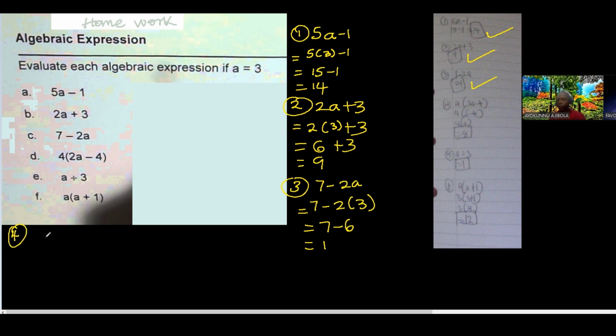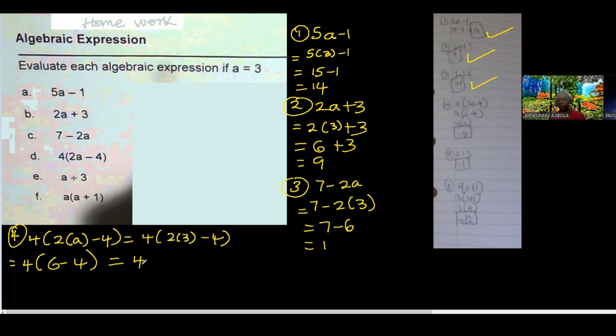Number 4, we have 4 into 2a, 2a minus 4. So this is going to be 4 into 2 times 3, then minus 4. Then we have 4 into 6 minus 4 because 2 times 3 is 6.